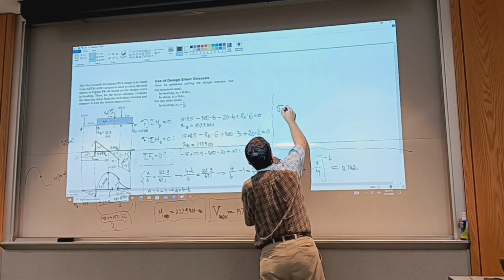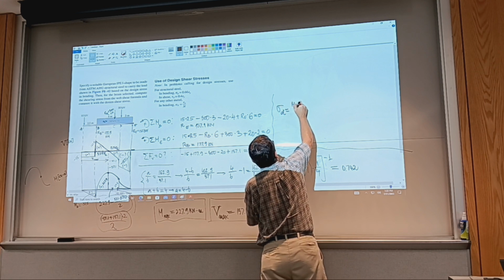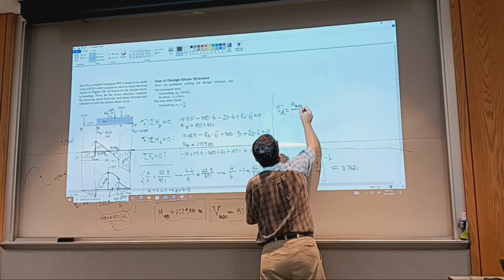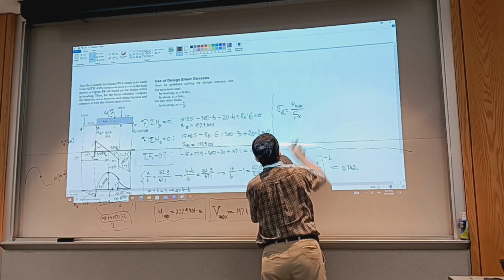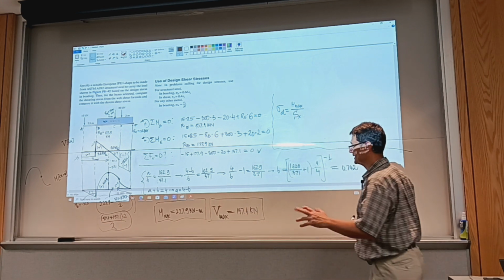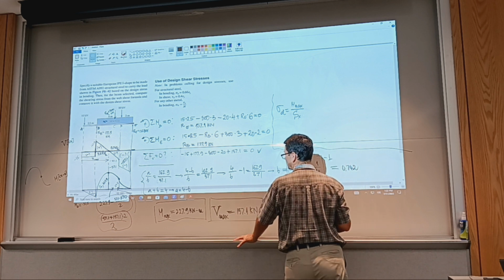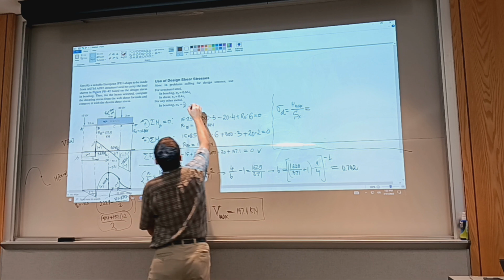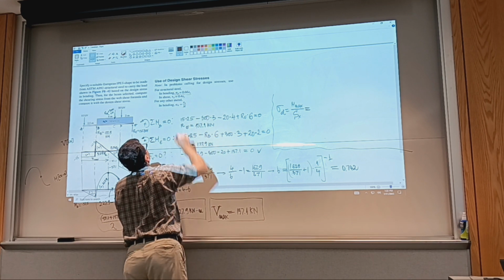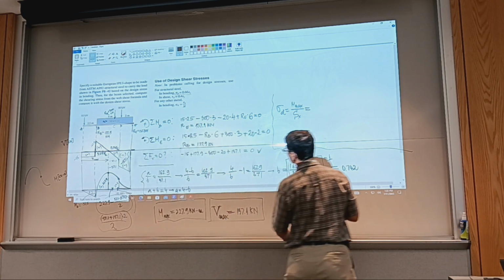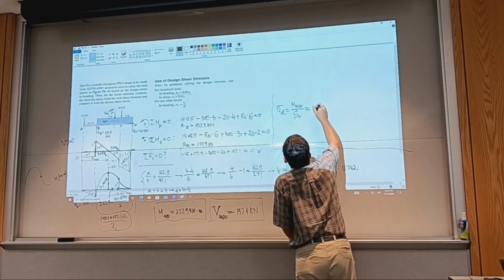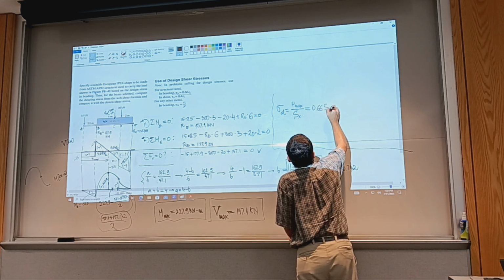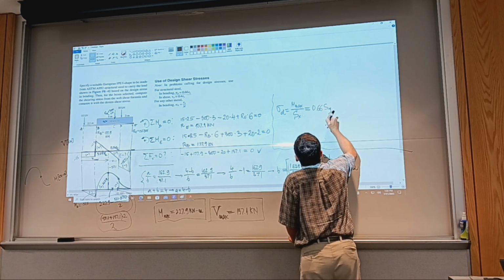So sigma D is going to be M max over S, which will be Sx from the table. There's a second problem of this type we're doing. And this is going to be equal to, we're looking here, so static loading, structural steel, 0.66 SY. Okay, so what is SY?